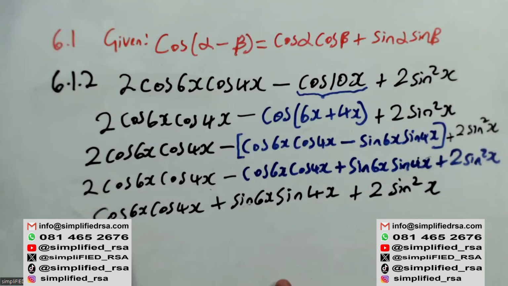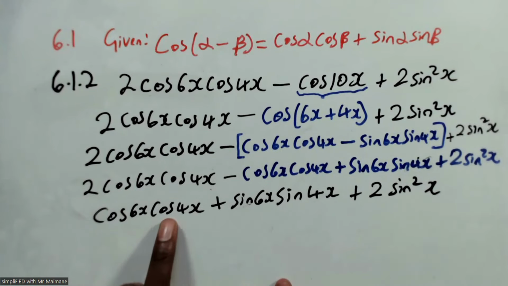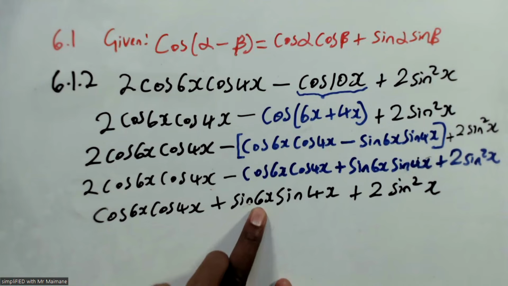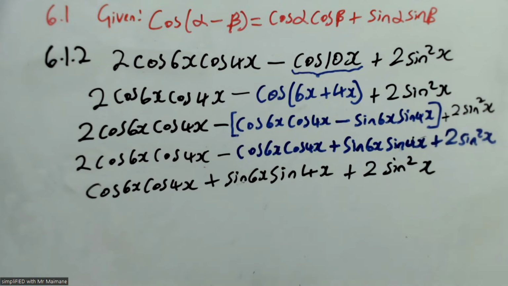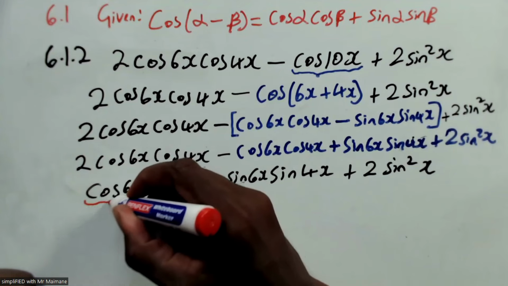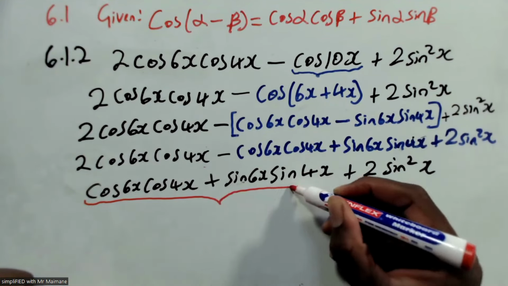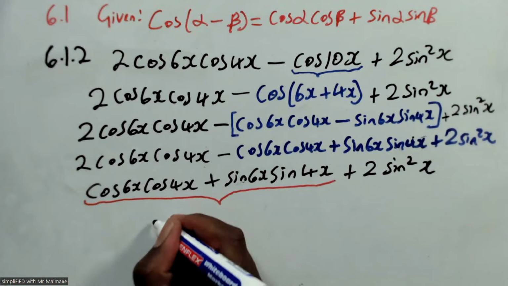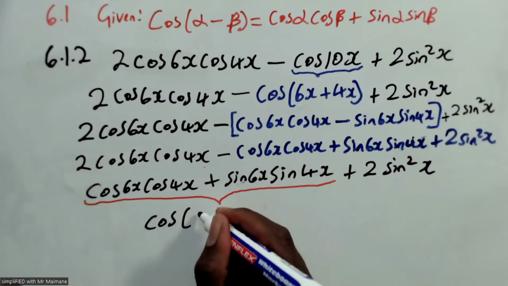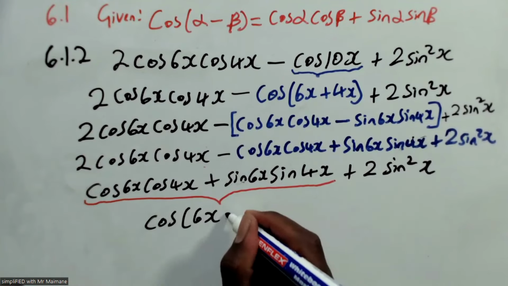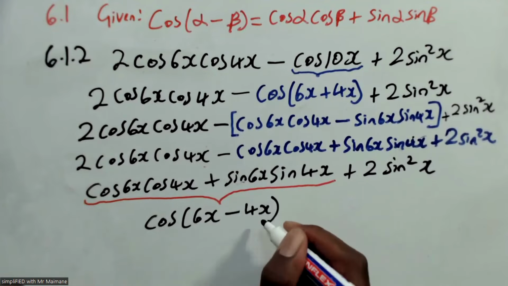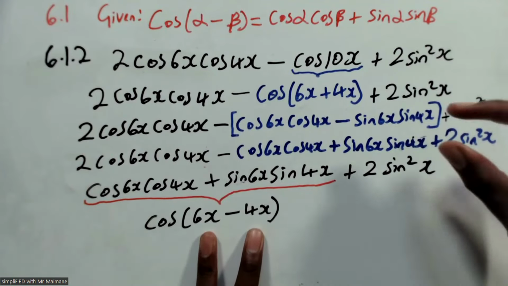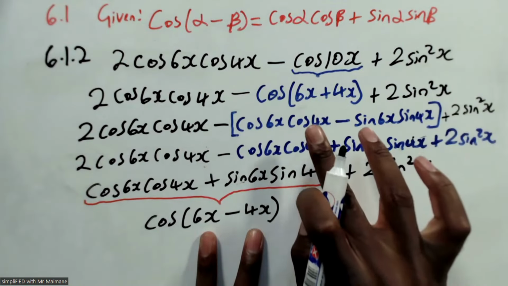I have cos 6x cos 4x plus sine 6x sine 4x, right? Stay with me here. Everybody else can see that from here I then get cos of 6x minus 4x in terms of compound angles, just like I did from here to here.